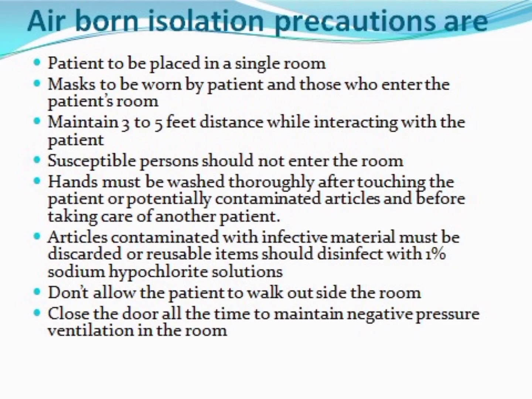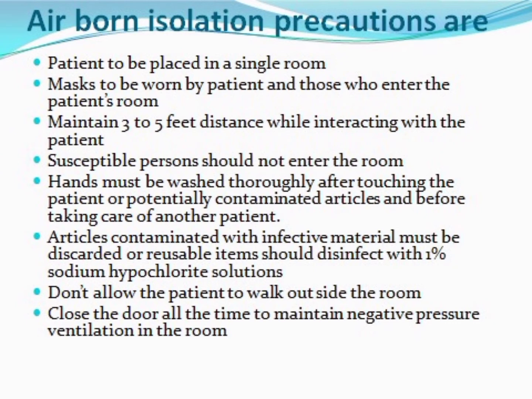Articles contaminated with infective material must be discarded, or reusable items should be disinfected with 1% sodium hypochlorite solution. Do not allow the patient to walk outside the room. Close the door all the time to maintain negative pressure ventilation in the room.